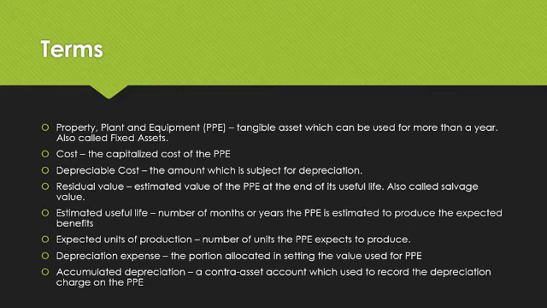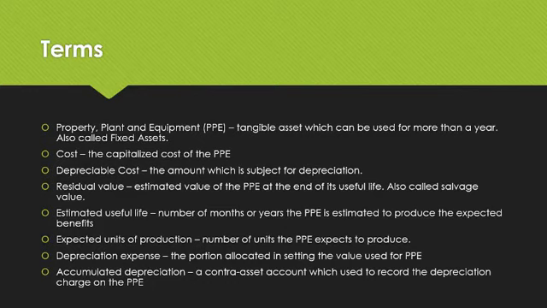Terms that will be important to remember: property, plant, and equipment, or PPE, that is the tangible asset which can be used for more than a year, also called fixed asset. Cost is the capitalized cost of property, plant, and equipment. Depreciable cost is the amount subject to depreciation. Residual value is the estimated value of the PPE at the end of its useful life, also called salvage value.